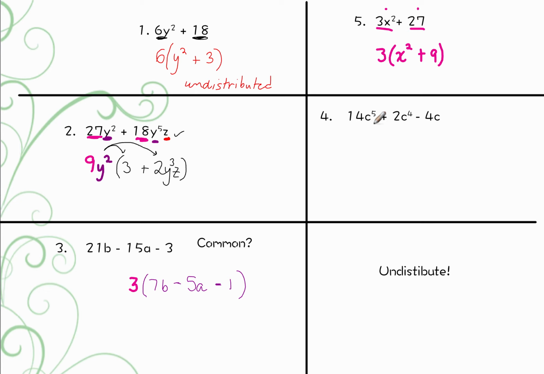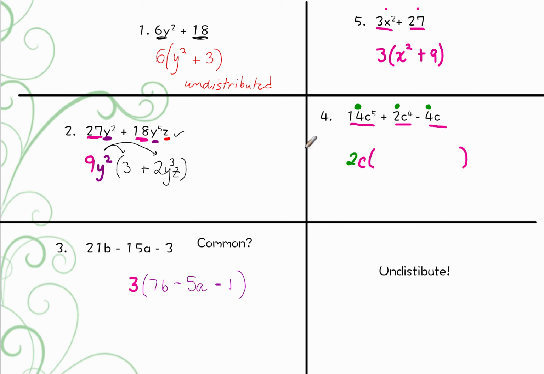All right, number 4. I see that they have c's. And in fact, the most I can distribute to each one was just 1. Now let's look at the numbers. 14, 2, and 4. What's the biggest number that goes into 14, 2, and 4? Just little old 2. So now I see that I distributed a 2c to everybody.